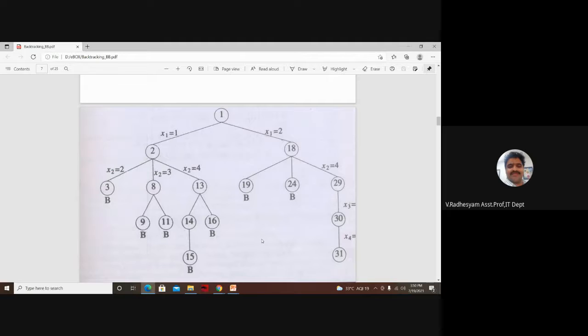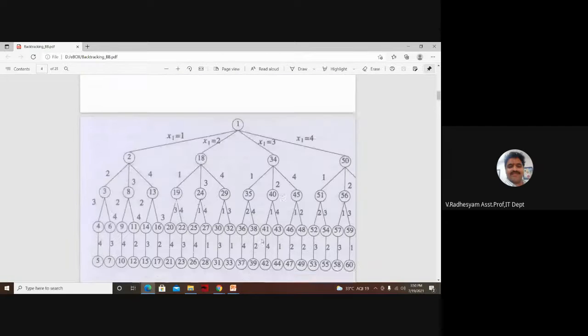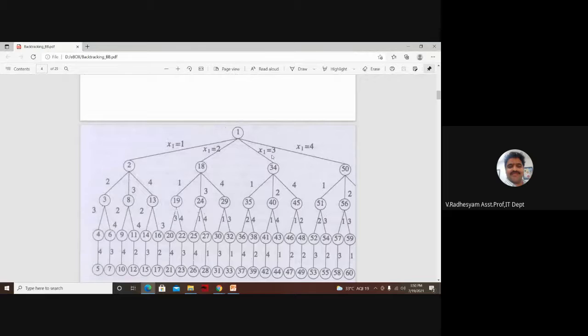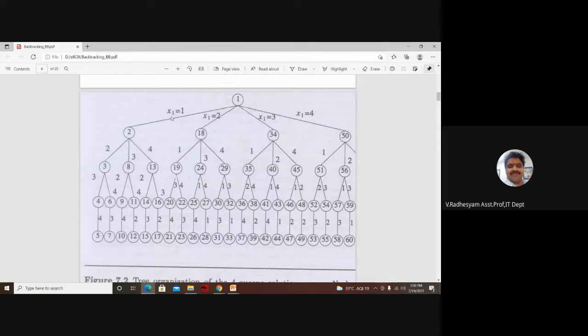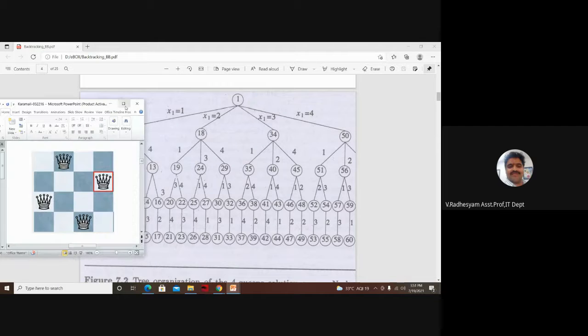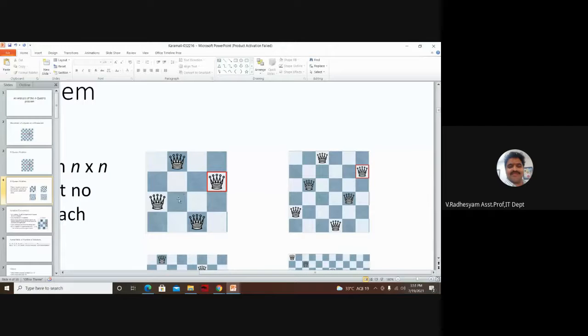If someone tries with these two, 3 and 4, he may get one more solution. Or after the failure of taking x1 is equal to 1, we realized and we can do x1 is equal to 3 also. Likewise, there may be some other solutions also, but by considering these two, we can have one particular solution like this, right?